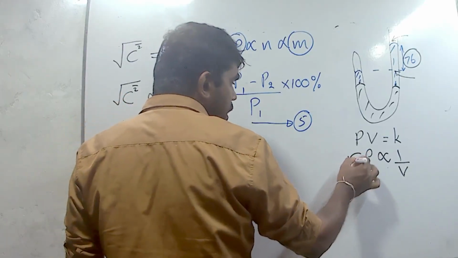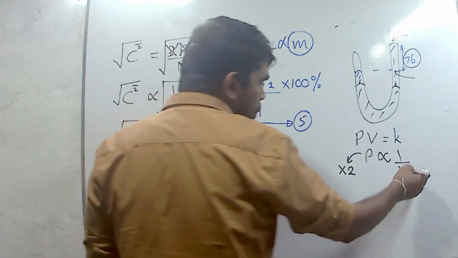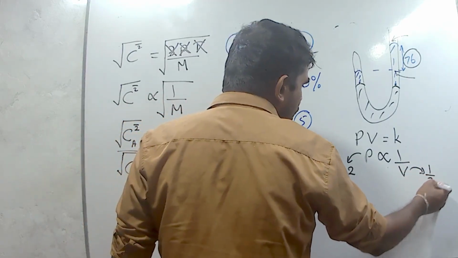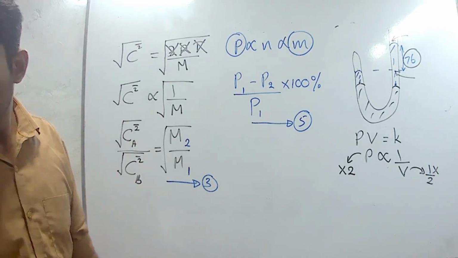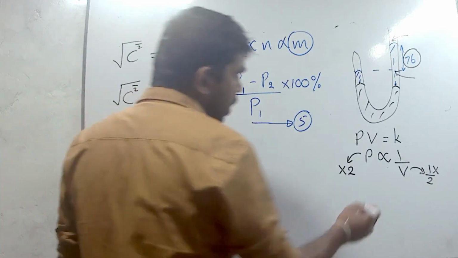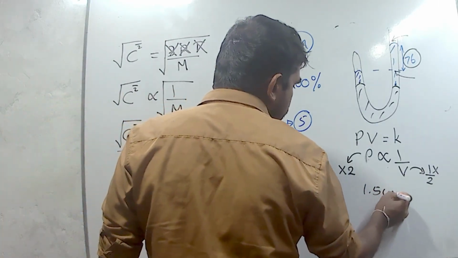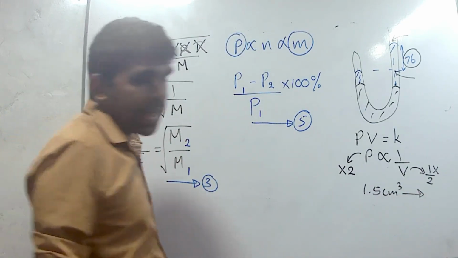When pressure is 2 times, volume should be half of the initial value. Half of the initial value means 1.5 cubic centimeter. This one is the correct answer.